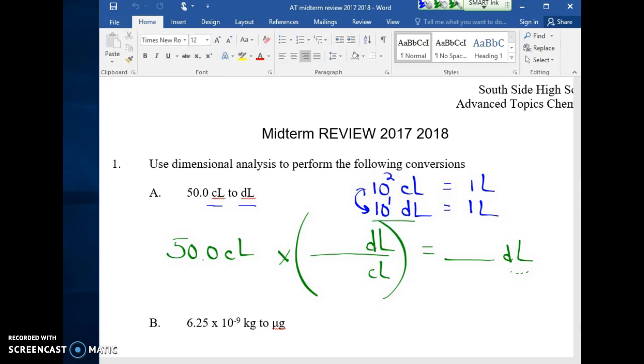There are 10 to the 2 centiliters in 10 to the 1 deciliters. So when I do this, I can do this one of two ways. I could say 10 to the 1 divided by 10 to the 2 is equal to 0.1. And then 0.1 times 50 is just 5 deciliters. That'd be one way of approaching the problem.